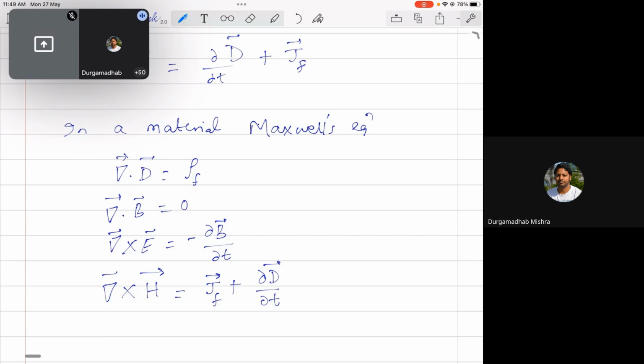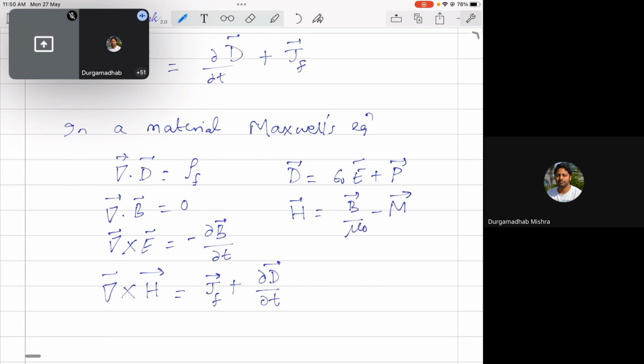And those additional charges contribute to additional polarization, which you compute in terms of the electric displacement vector D. So here you should also write these equations, to complete them, so that you know what D means and what H is here. H is your B by mu naught minus M.